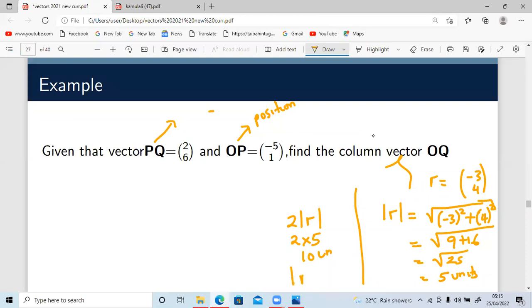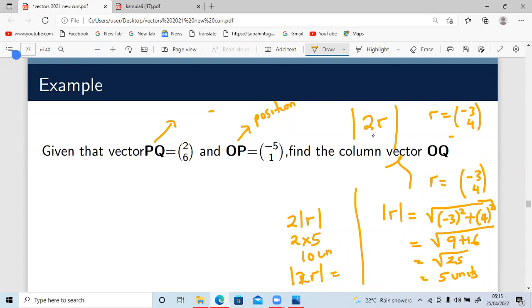Then the other one, which had 2R, what were you going to do? I would multiply the 25 times 2. Oh no, Denise, this is 2R. So you have to first multiply 2 times R. Our vector R is -3 and 4.